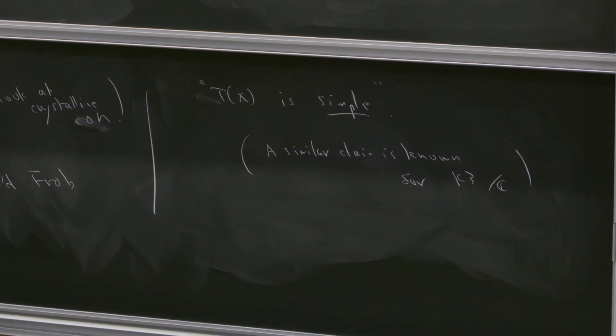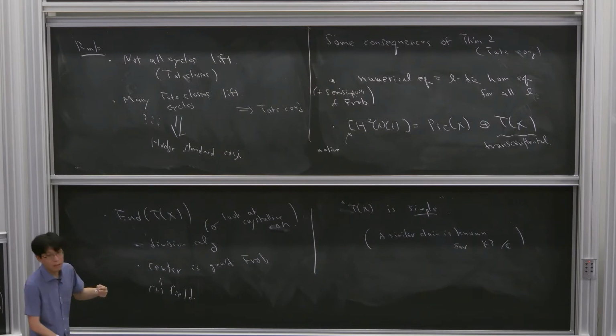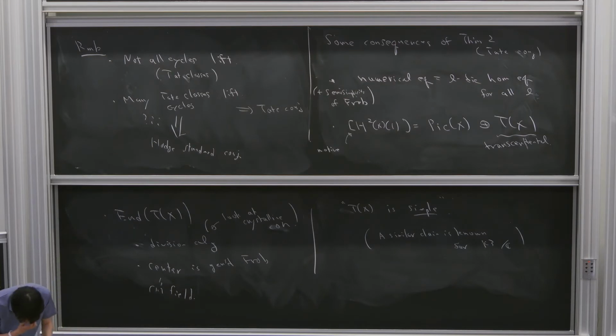But I'm working over F_q bar, and I'm not quite sure about general K. But anyway, this is what's going on. Okay. Anything else?